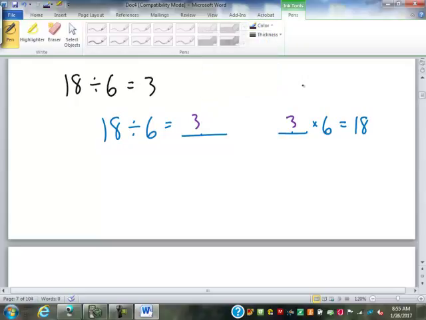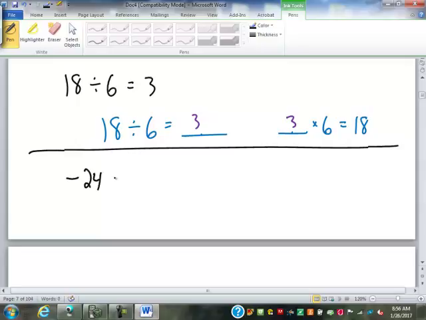So now we're going to do this considering our negatives. If I have negative 24 divided by 3 equals blank, what that is asking is blank times 3 equals negative 24. Well, first of all, 24 is negative, right?